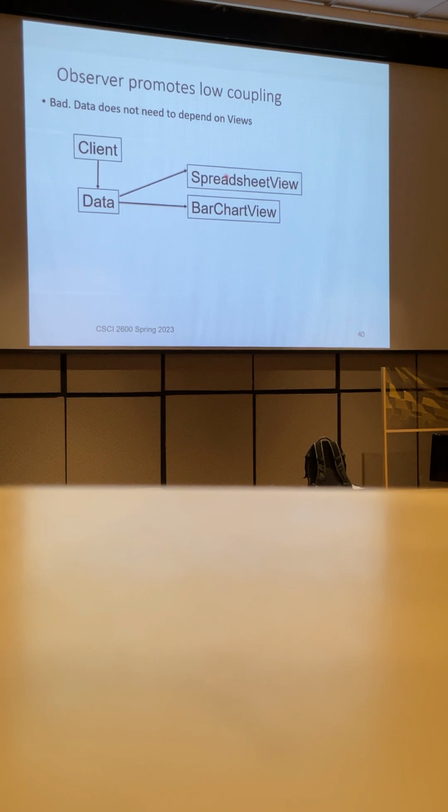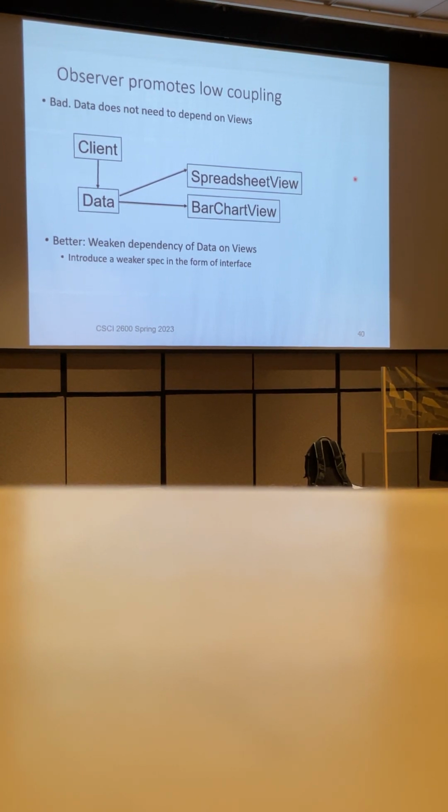So data actually has a dependency on all the views, and that's not good, because what if we need to add another view? We would have to let data, our model, know about this additional view. That would not be particularly good. We want to make the coupling between the data and the views weaker. What is the weaker form of coupling? It's an interface.